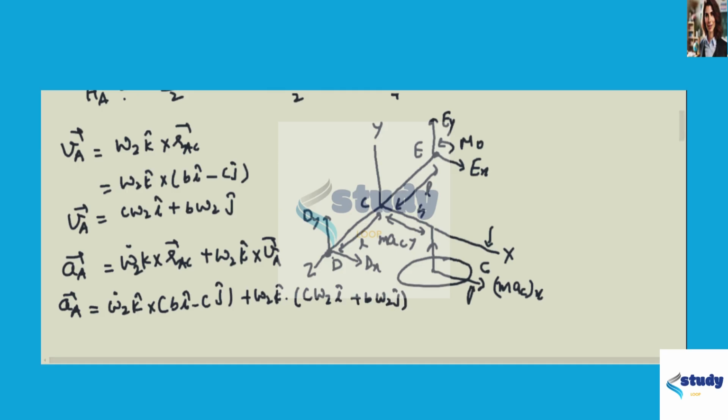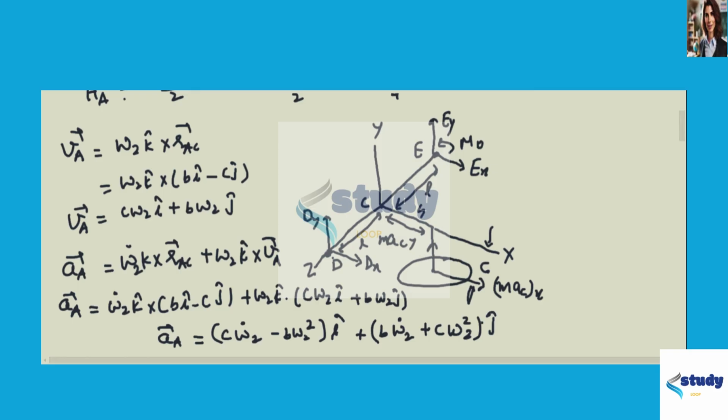On simplifying, you will get acceleration to be C rate of change of omega 2 minus B omega 2 square I cap plus B rate of change of omega 2 plus C omega 2 square j cap.